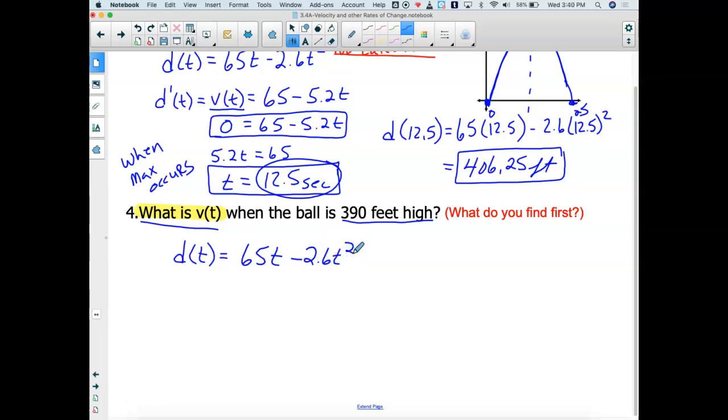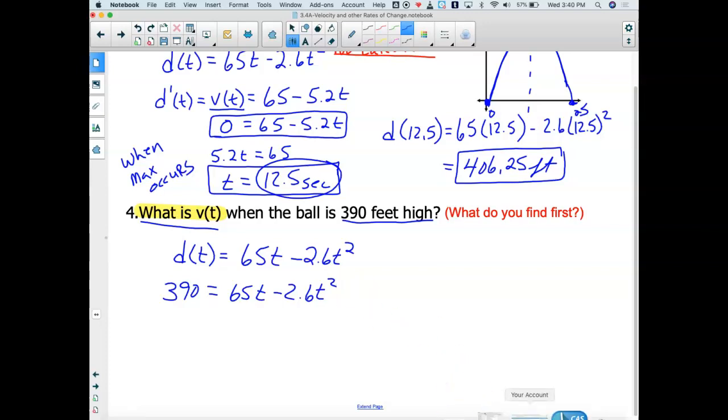Am I not just saying, when are you 390 feet? 65t minus 2.6t squared. Again, the AP test is not going to ask you to solve something like that, nor am I. If you set this thing equal to 0, it's going to be factorable.